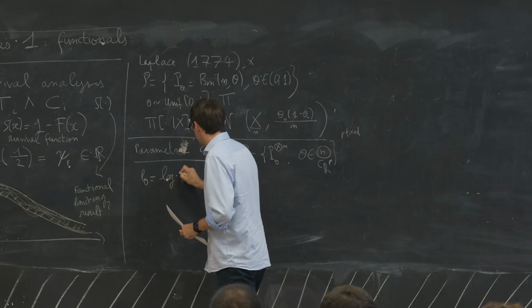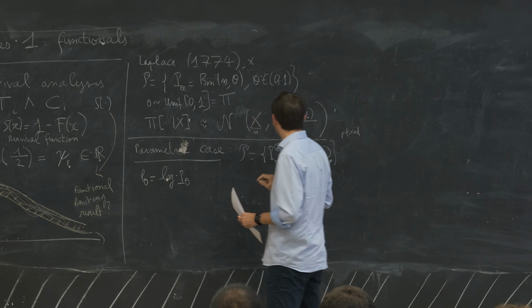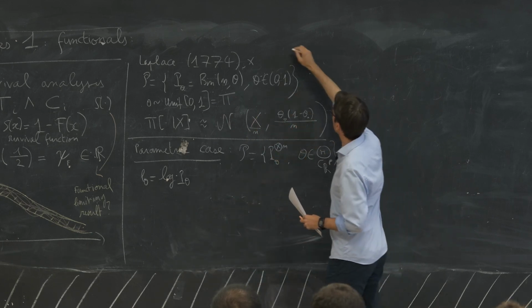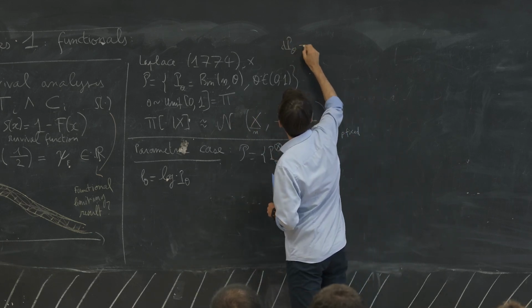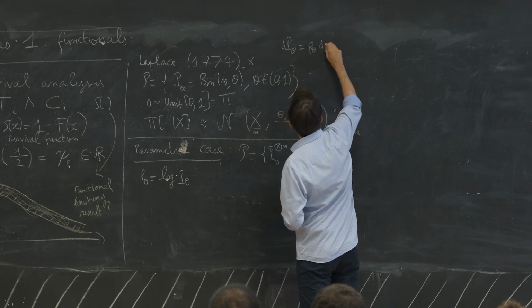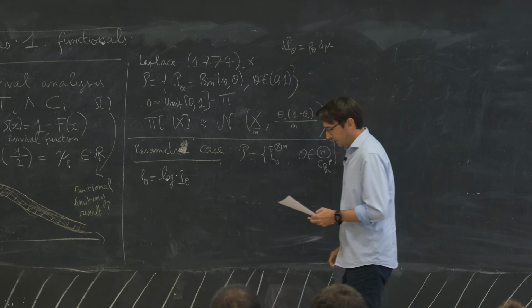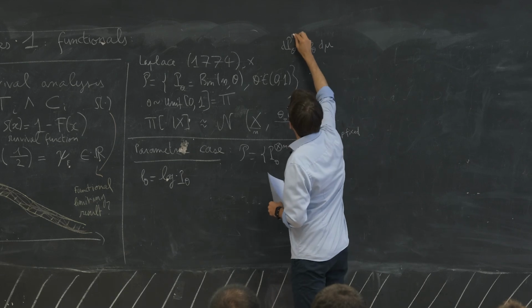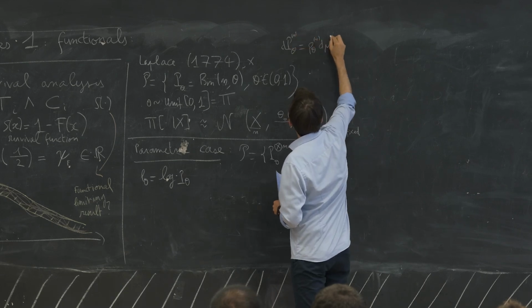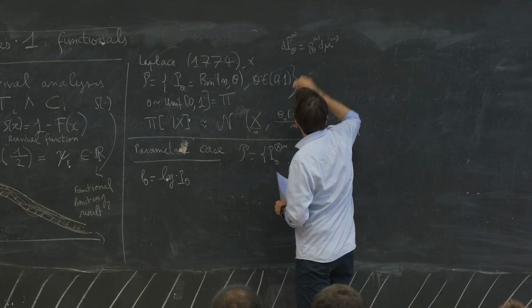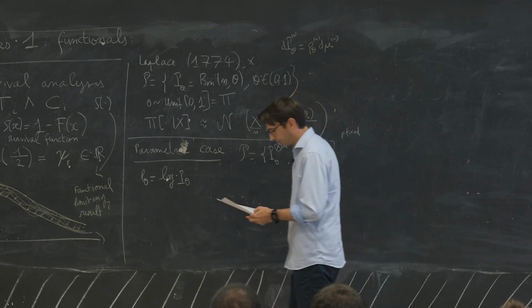So let me introduce the log likelihood. As usual, we take a dominated model to have the Bayes formula, and p is the density. Remember that everything depends on n possibly, but I forget the dependence in n.